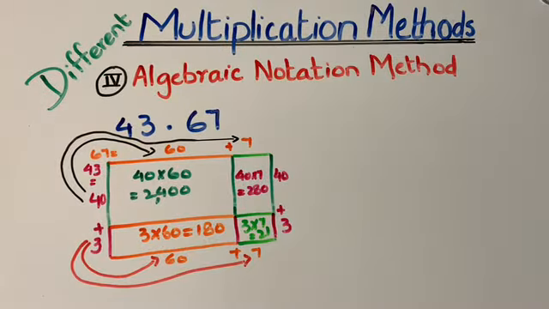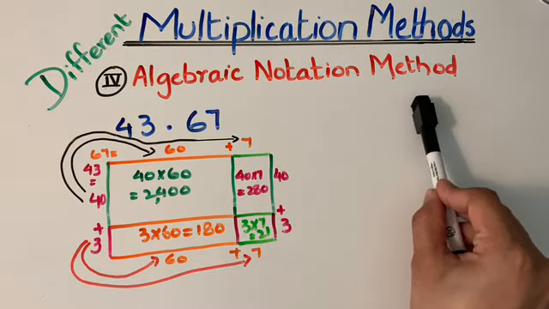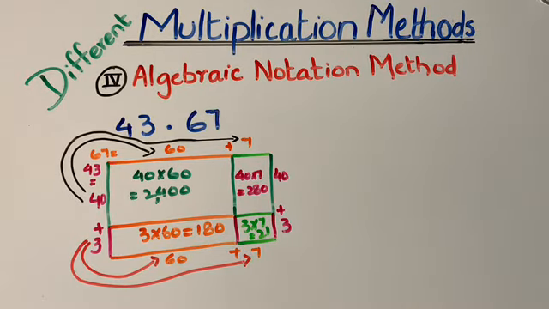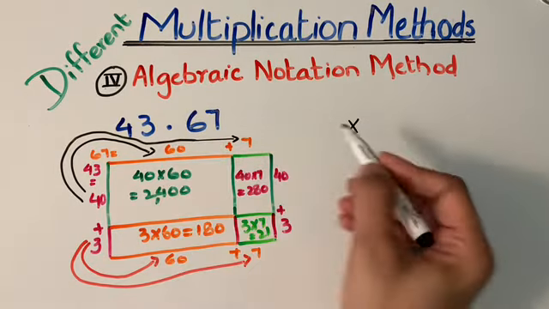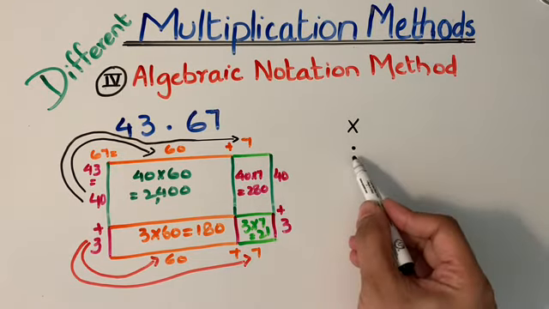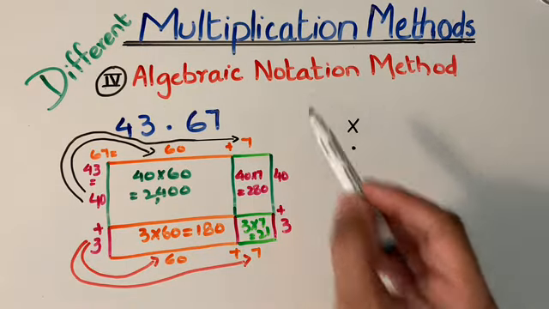Another multiplication method is called the algebraic notation method. Why do we call it the algebraic notation method? Because instead of using the multiplication sign, we are using this sign for multiplication. We use this sign in algebra for multiplication. So that's why we call it the algebraic notation method.